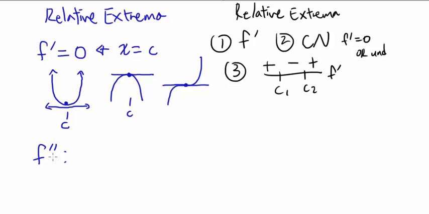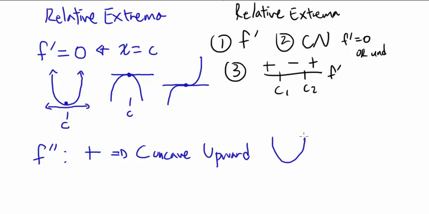If you remember, if the second derivative was positive, that means the graph of f was concave upward. And whenever the graph is concave upward, it is shaped like a U, with the tangent line lying below the graph, or the graph lying above the tangent line.